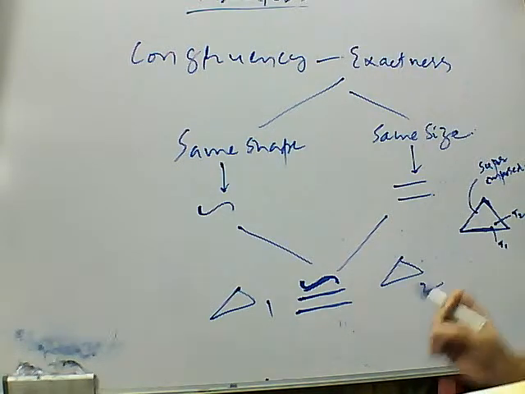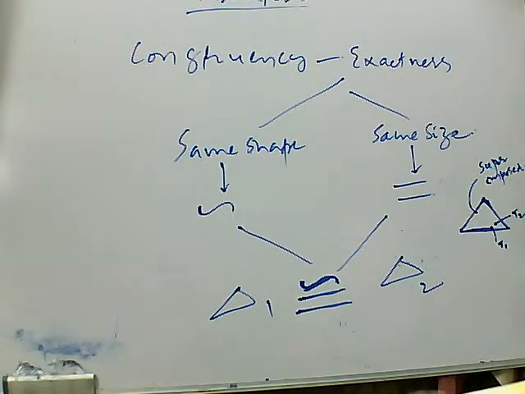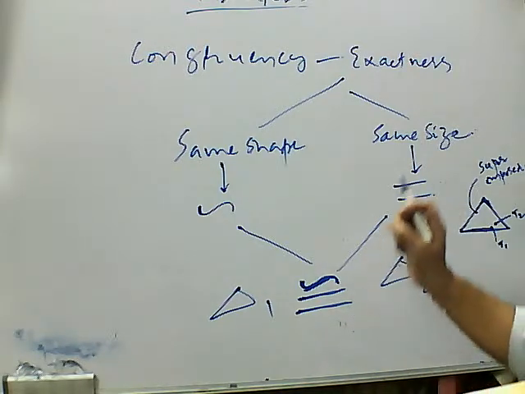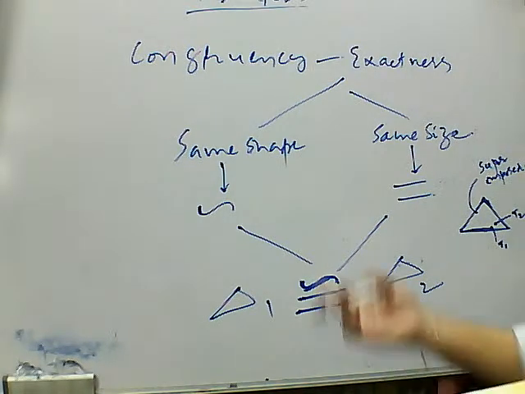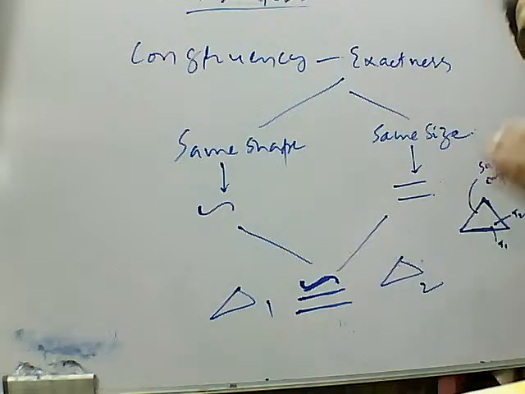So triangles which are having same shape and same size are called congruent triangles. So any figures you can compare with respect to the shape and size. If the comparison is related to triangles, they are called congruent triangles. If it is the comparison of quadrilaterals, congruent quadrilaterals, congruent pentagons, congruent hexagons, like that you can say.